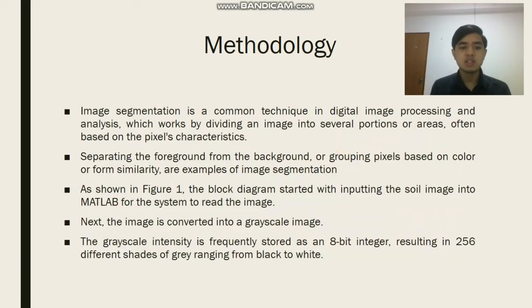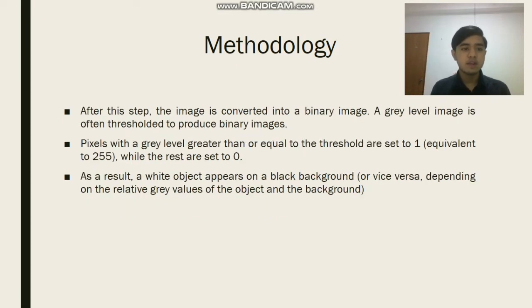For our next process, the image is converted into a grayscale image. In this process, grayscale intensity is stored in 8 bits. This gives us 256 different shades of gray. After this step, the image is converted into a binary image, which is the reason we start using grayscale in the first place.